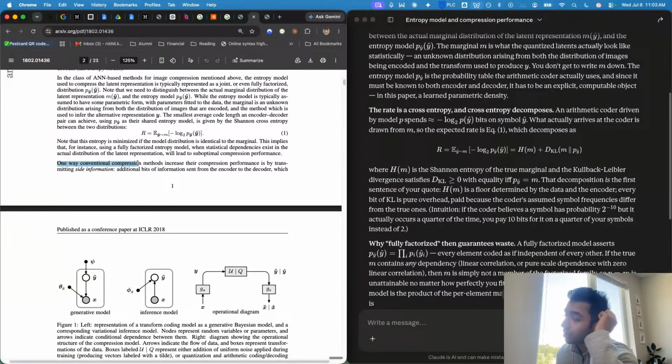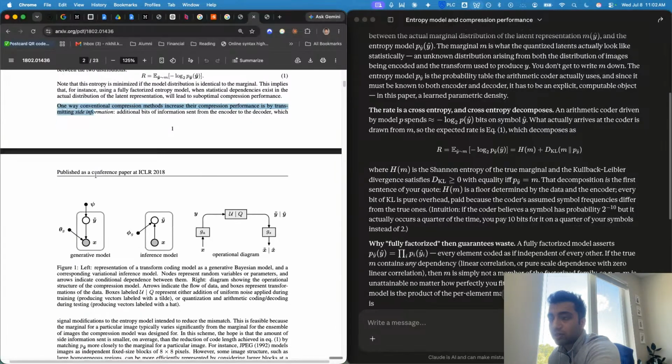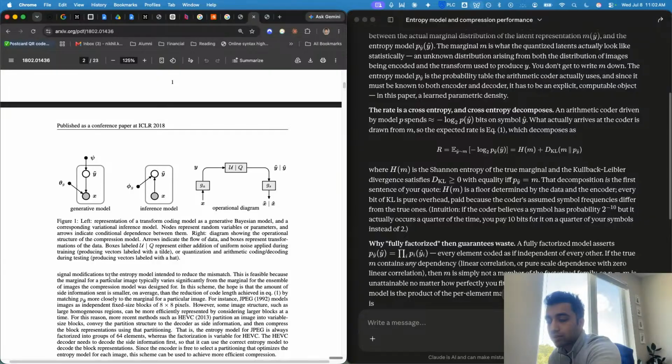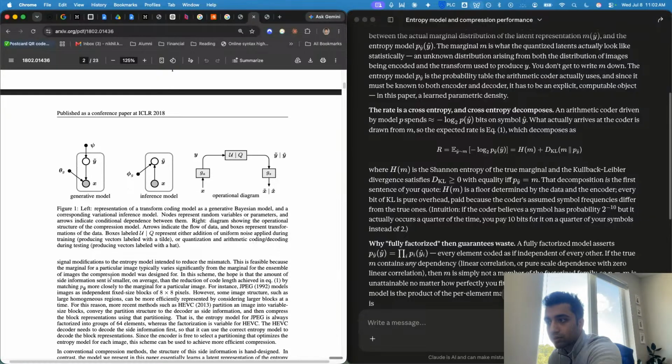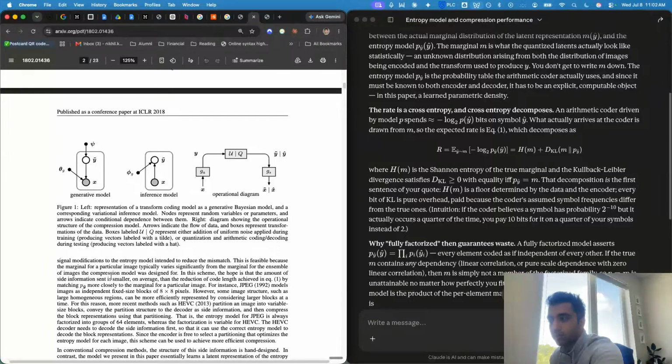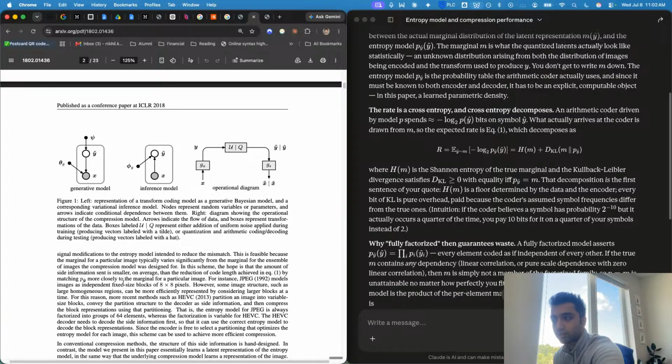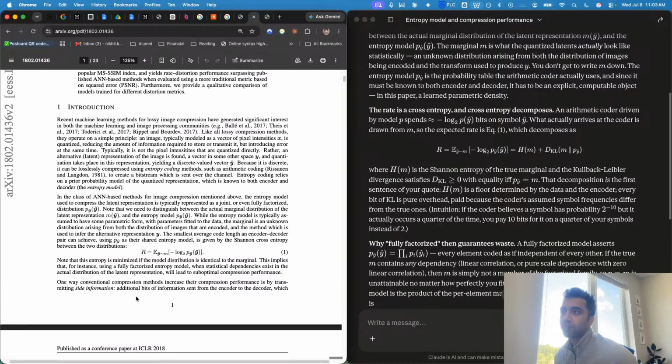Okay, so now let's go back to this. Okay, so this is saying, instead of spending more bits trying to match this guy to this guy, the model distribution to the true marginal.